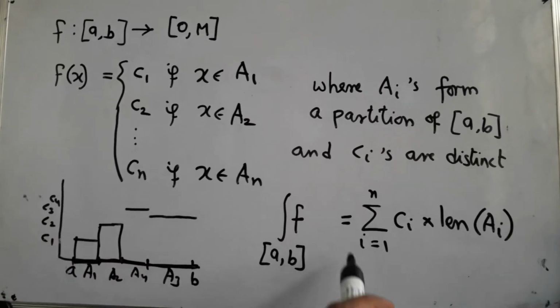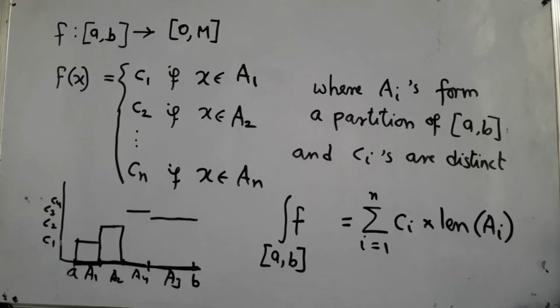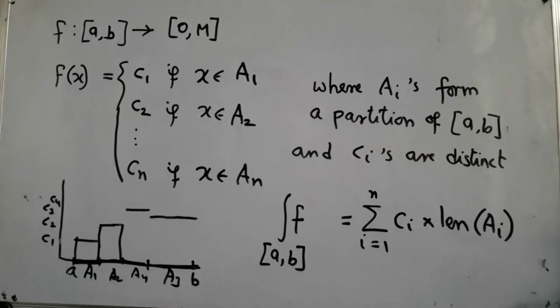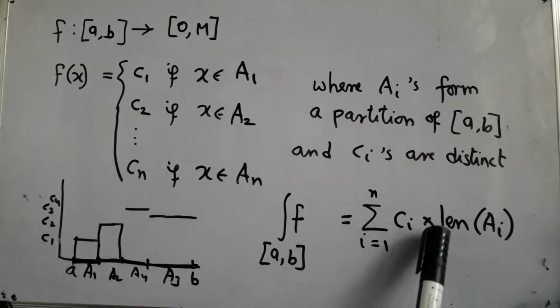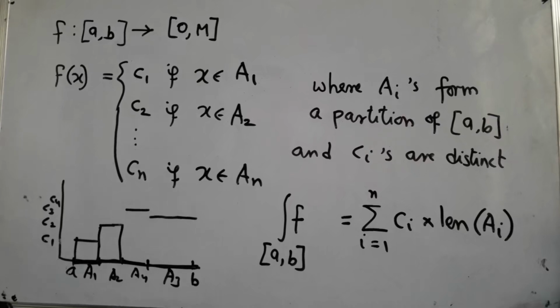So it is the summation i from 1 to n, Ci times length of Ai. Now the question is, since Ai's need not be intervals, how do we define the length of Ai? And it is this question that led Lebesgue to first create measure theory.